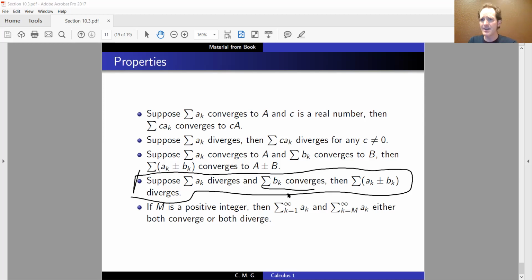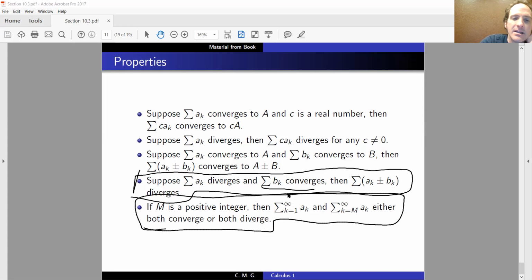So having two divergent sequences does not imply anything about the divergence or convergence of the sum or difference of those two sequences. So that doesn't work out for us. But if I have one sum that is convergent, the other sum is divergent, then the sum or difference is still divergent.